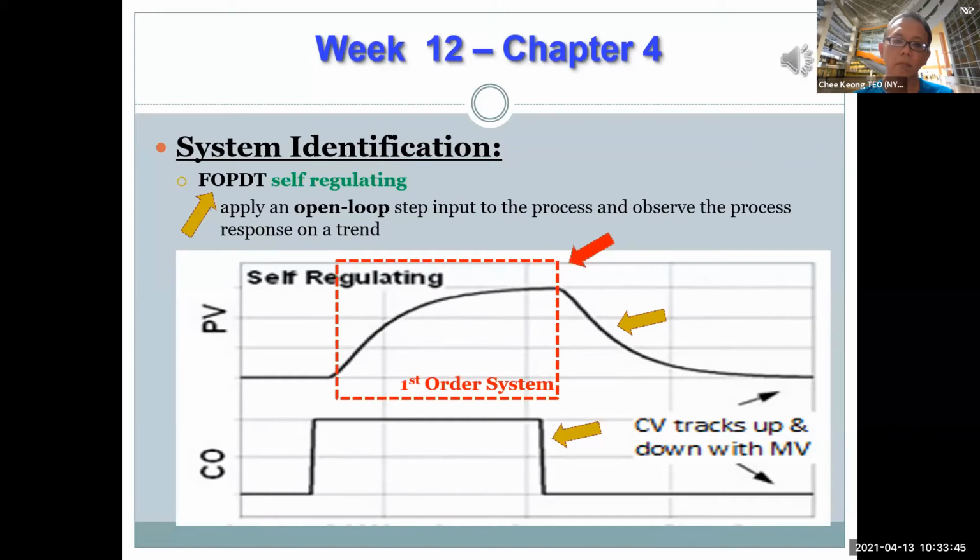First order indicates it is a first order system, and dead time means between the start of the CO trigger till the PV responds, where there is no action. Hence it is termed dead time. For self-regulating PV, its steady state will follow that of the CO. If CO goes up, it will go up. Likewise, if CO goes down, it will also go down.